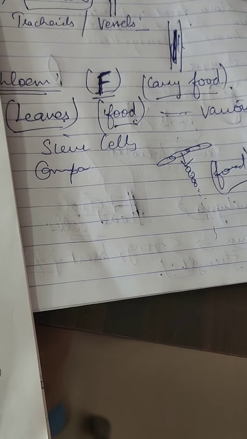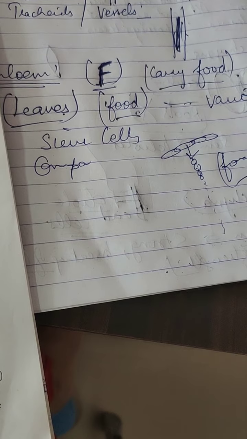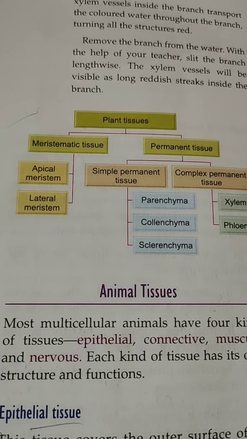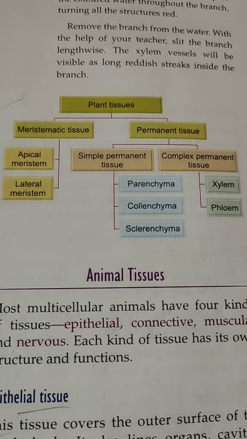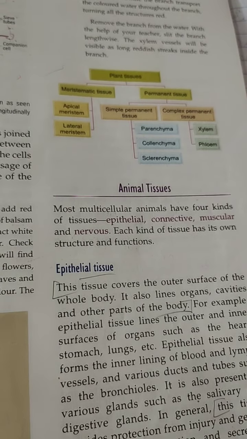So this is all about the types of plant tissue. In the next video we will discuss animal tissue. Before doing that, I'll tell you there is a flow chart in your book about plant tissue, meristematic and permanent. You have to read this flow chart because it will be very easy for you when you learn the different types of plant tissue.